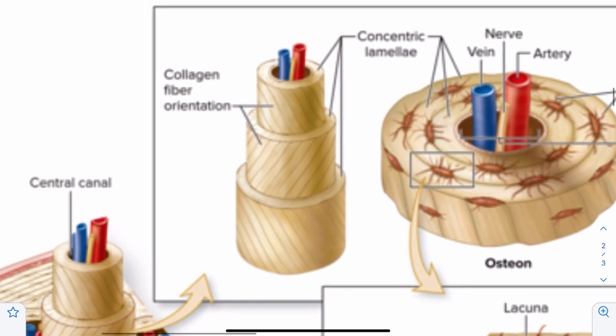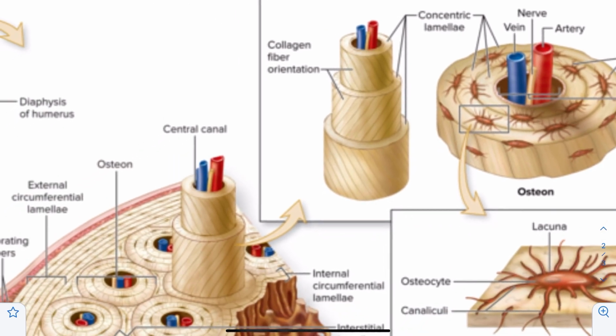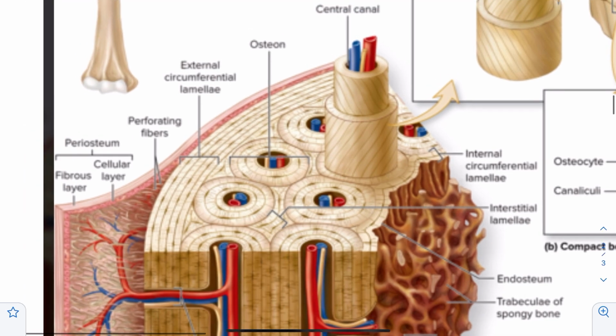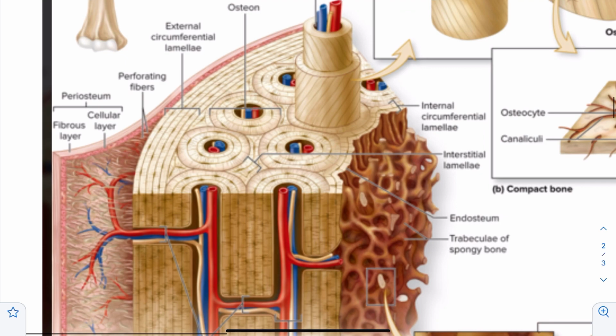And then we have collagen fibers on the outside of these osteons, and the collagen fibers are going to go in opposite directions. They're going to go perpendicular to each other. And the reason for that is, again, to give the bone a little bit of elasticity and stretch or compression resistance. So this is what it looks like in a bigger picture.